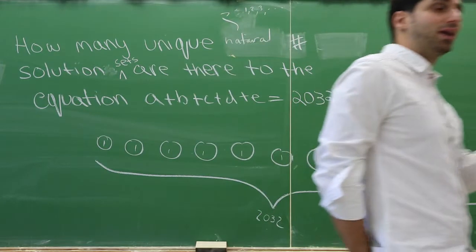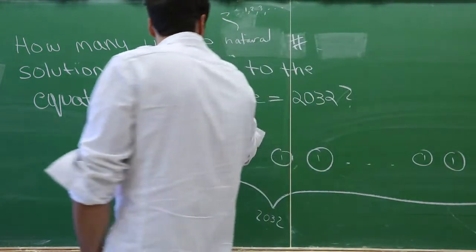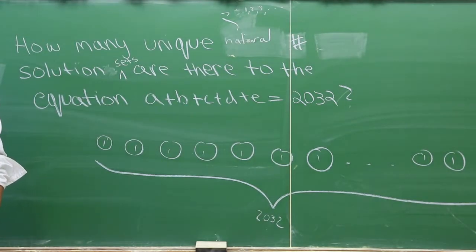Maybe A will be a couple of ones, and maybe B will be 1,000 ones, and maybe C will be a couple of ones. But whatever the split is, the sum of the split has to add up to 2032. So the question is really asking, how many ways can you split this stuff up into 5 parts? How many of you follow that?